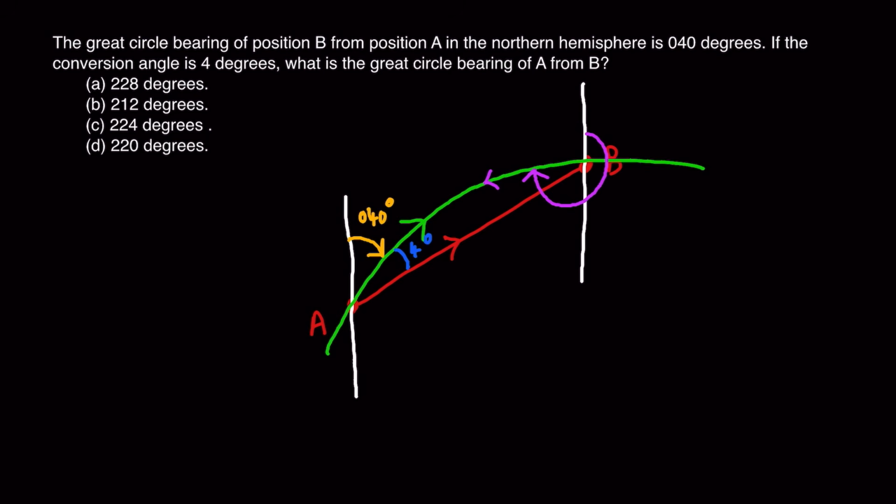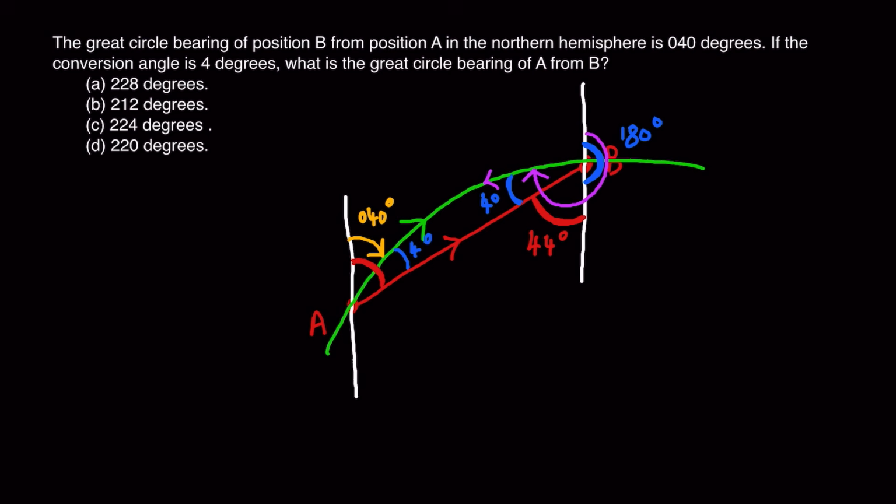Now, alternate interior angles, right? How much is this big red angle? 040 plus 4, 44 degrees. If this angle is 44, can I say this angle is 44 too? Yes, alternate interior angles. Now, if this is 44, this we know is 180, and this angle we know is 4 degrees, which is the conversion angle.